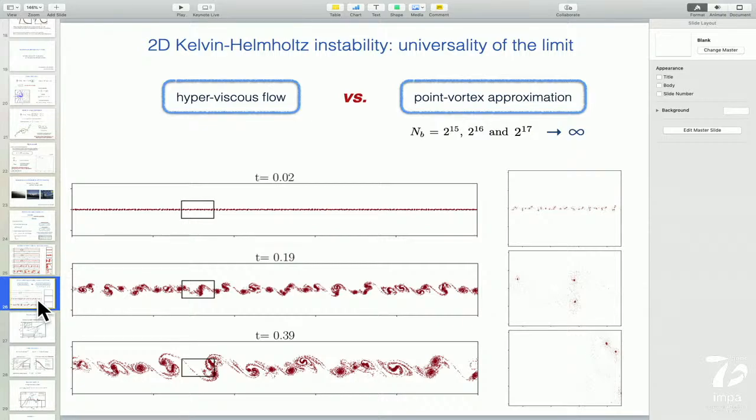And the good part is that point vortex approximation is an ordinary differential equation you can solve. So this is a point vortex approximation of the vortex sheet. Here there are something like 100,000 points, and we just simulate this. You see very similar behavior. They form some structures, then larger structures, and so on.